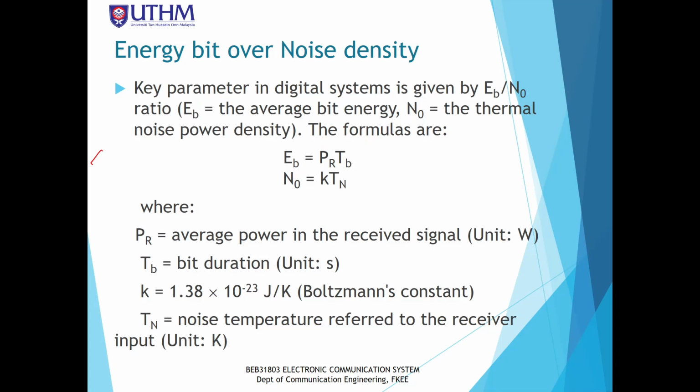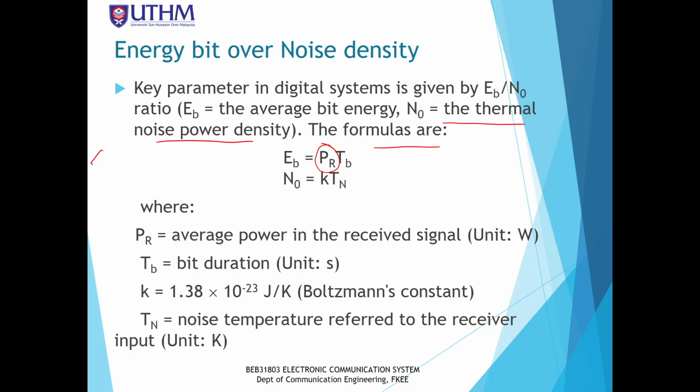Energy bit over noise density, which is Eb over N0. Eb is equal to the average bit energy, and N0 is equal to the thermal noise power density. The formula is Eb is equal to the received power in watts multiplied by the bit time, the bit duration, in seconds.